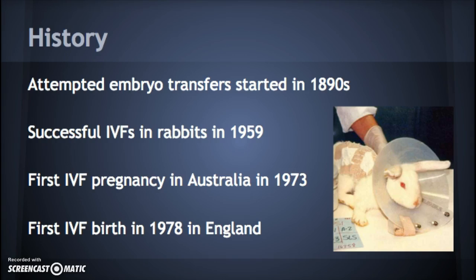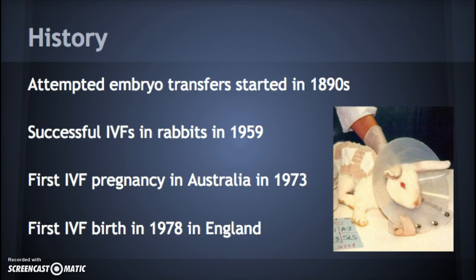So the history of ART is that the 1890s were actually the first attempts at ART, in which embryos were transferred from animal to animal. It wasn't yet in humans, but in non-human species.